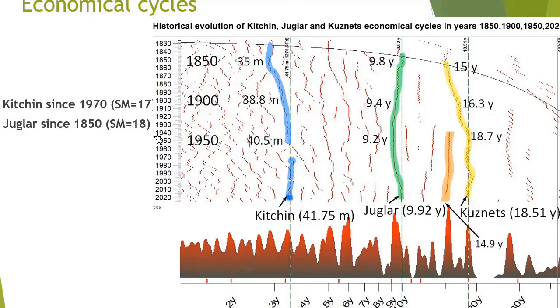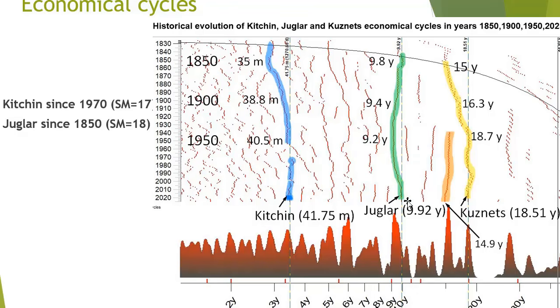So it means that since 1970 this cycle has made 17 periods, so the life expectancy of this cycle is at least 17 periods. Since 1917, the Kitchin inventory cycle has made 17 periods. But actually it's more, much more.